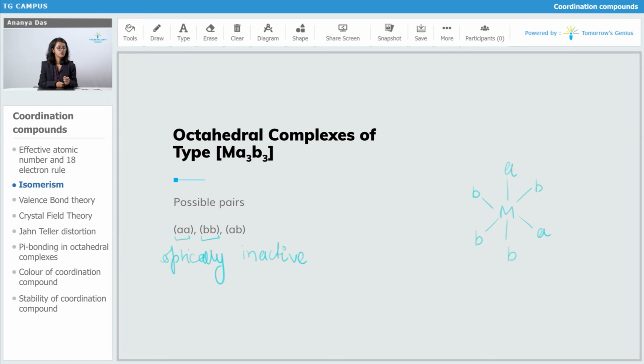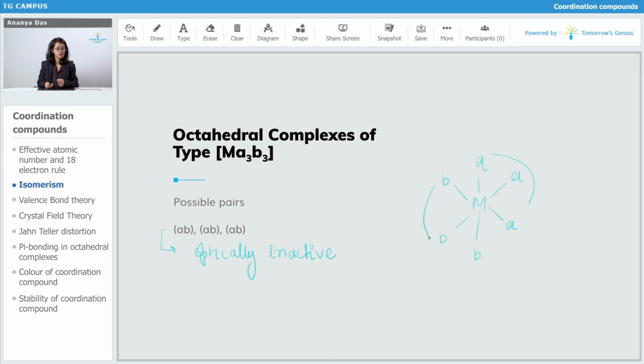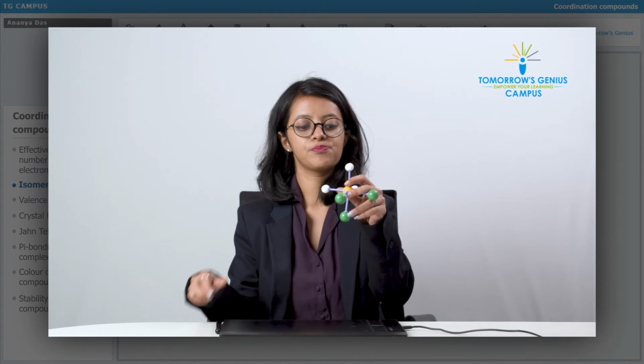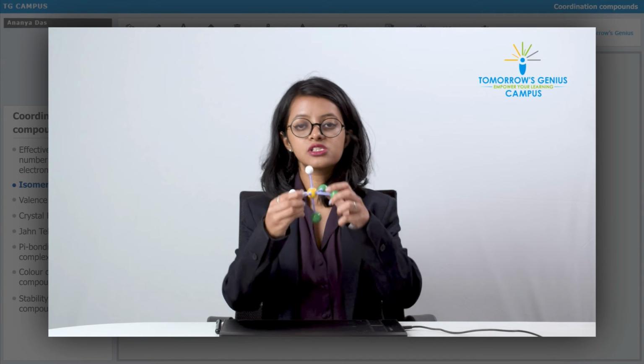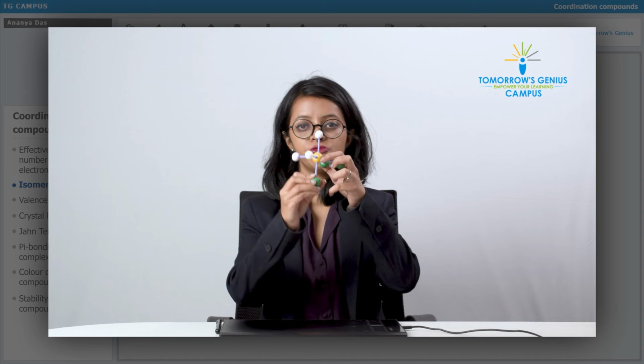If we go back to our previous possible pair, in this you will see that the AAA are together and the BBB are together. Now this complex is of this type. Don't focus on the green ones, focus on the white balls.